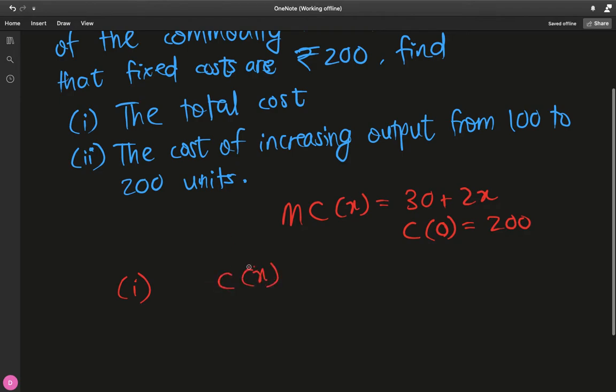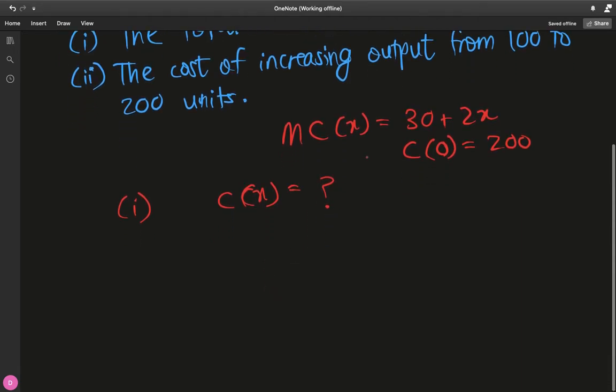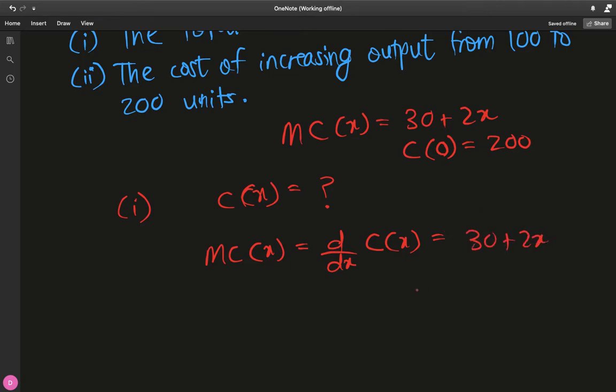So C of x, we need to find the cost function. So there is a connection between marginal cost and cost. Whenever the word marginal is included along with a quantity, just like it was with marginal revenue, it means a derivative of that quantity. So derivative with respect to x of the cost function is 30 plus 2x.